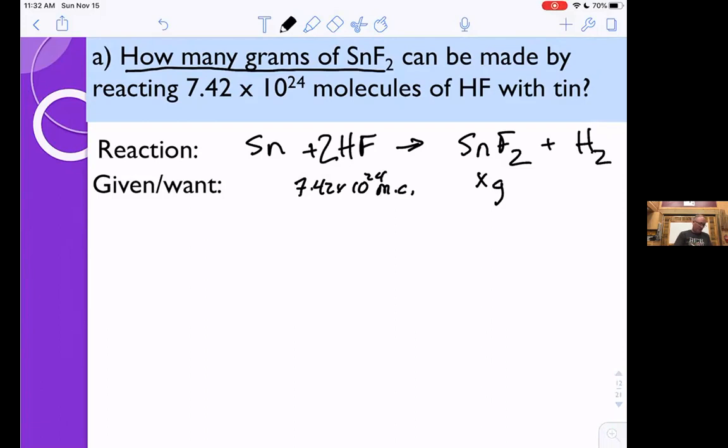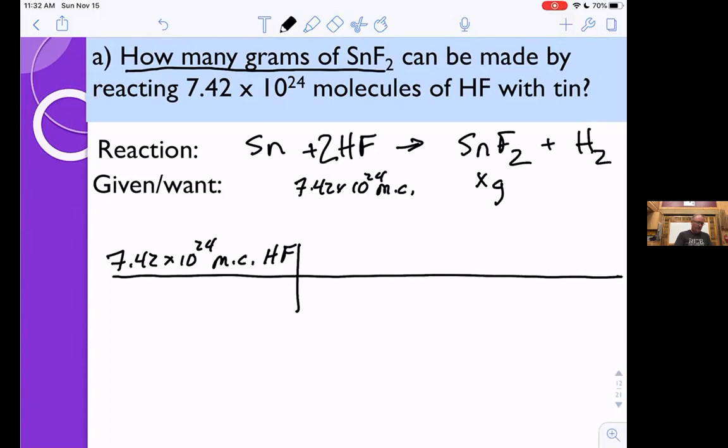So when I start this equation, I'm going to start with 7.42 times 10 to the 24 molecules of HF, and I'm going to change from HF to the stannous fluoride. In order to change from molecules to moles so that I can use my coefficients and my mole-to-mole ratio, I'm going to use Avogadro's number, 6.02 times 10 to the 23rd.